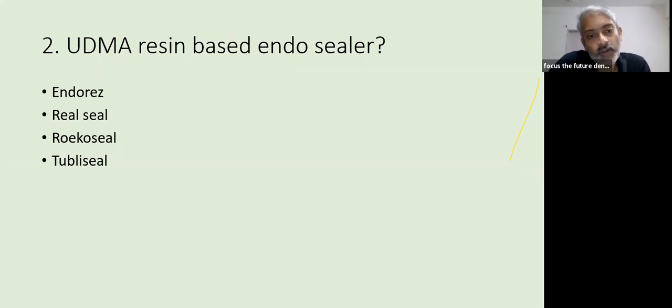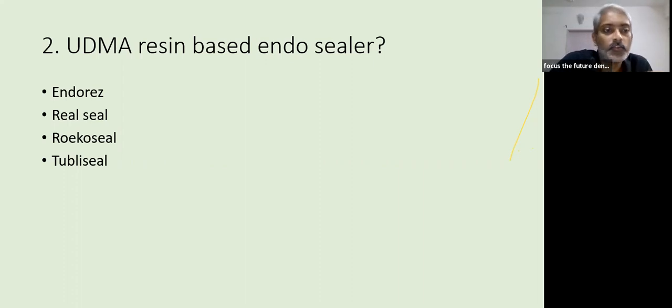Suppose you are in doubt to answer this question, you can always go for something called an elimination technique. In the elimination technique, suppose you haven't read about EndoRes. You don't know the answer. What you can do is start eliminating the options. You know that Tubli Seal is an eugenol-based sealer. So definitely the answer should exclude Tubli Seal. Even Rocco Seal also.